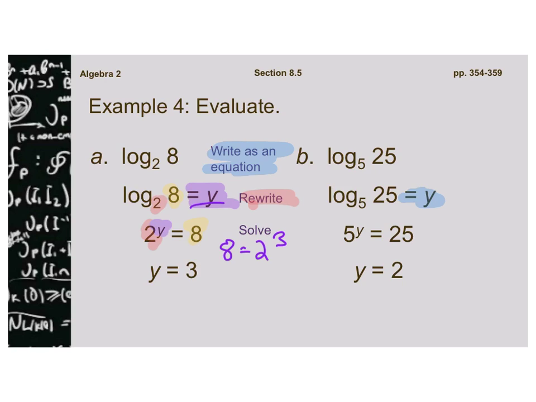And now I rewrite it using my definition, my base to the outie is equal to the innie. Now I solve as previously learned, and that means I set 25 equal to 5 squared. So now the y is equal to 2. Solution. All right, move along.